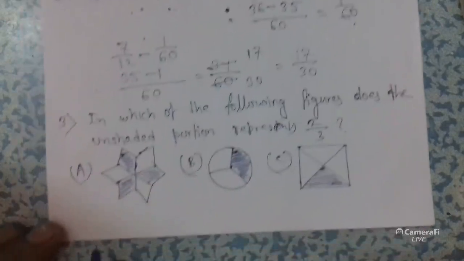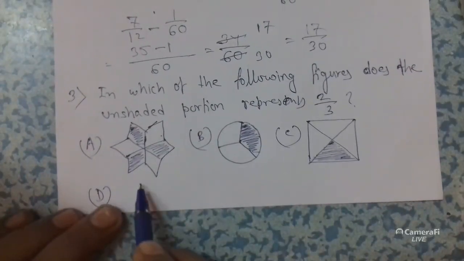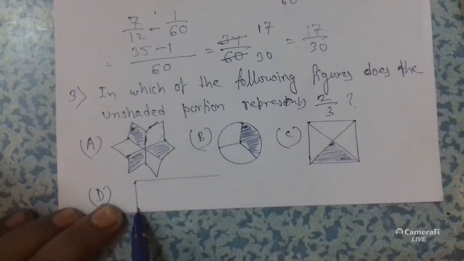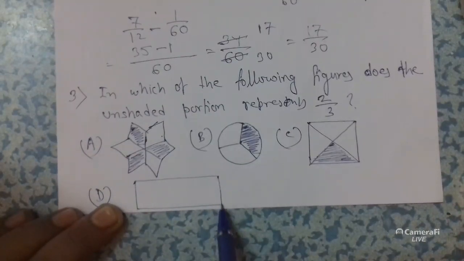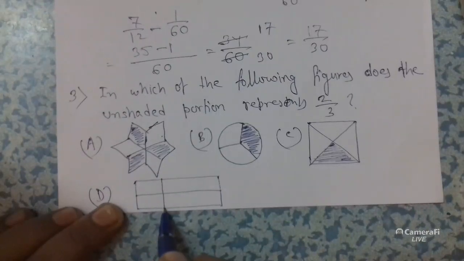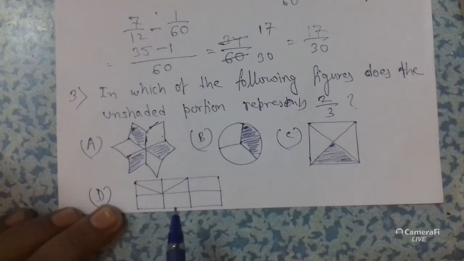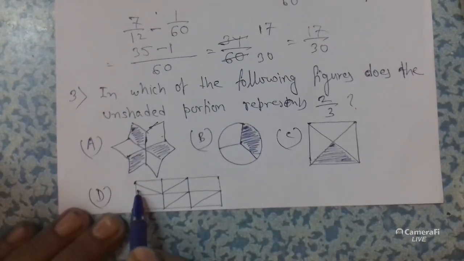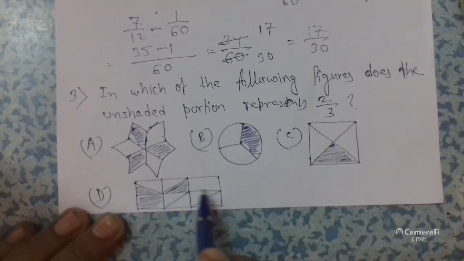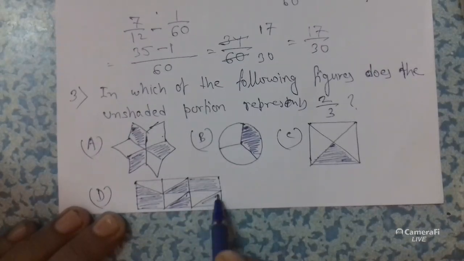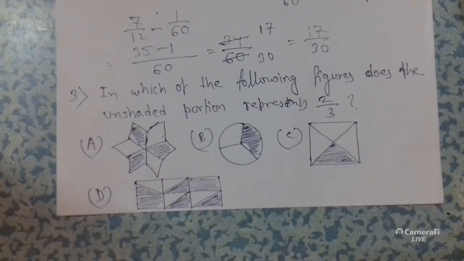And option D. Option D, it's a rectangle and these are the shaded portions. So these are the 4 options.